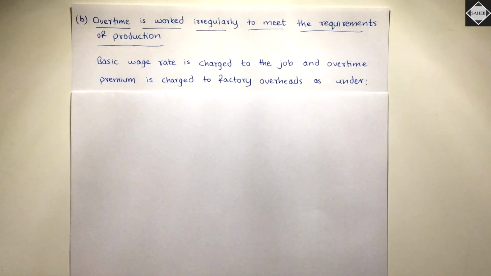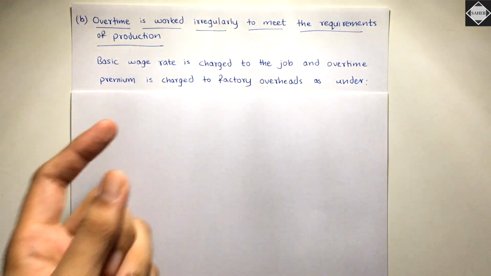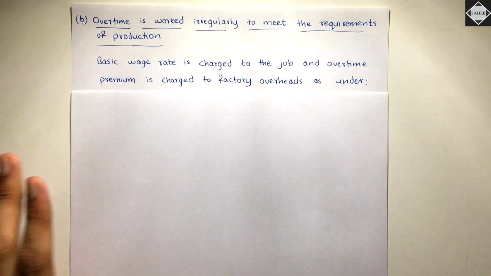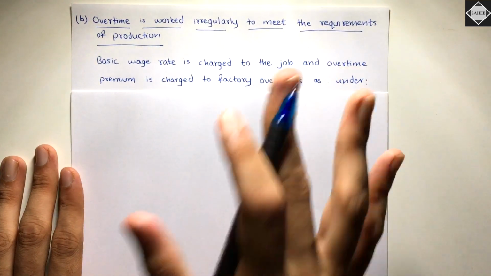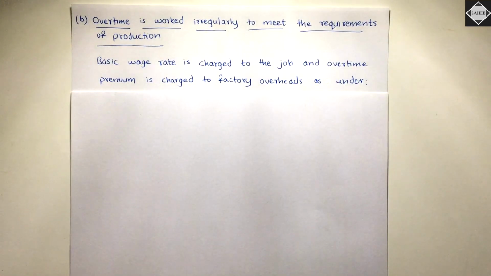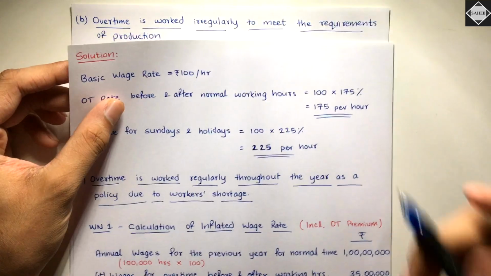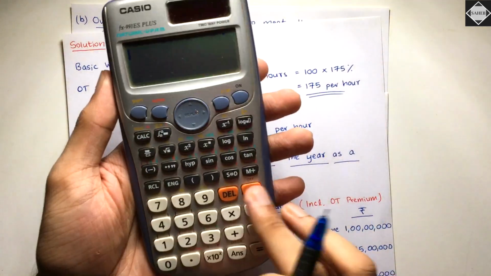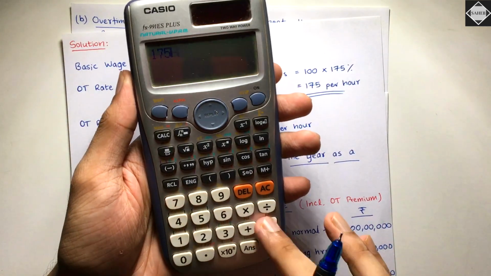Okay, and then the normal element of overtime will also go to the job as direct wages. And overtime premium, just the premium. Now what is premium? In that 175 and 225, what is premium? You have to understand this. See, premium is 175 minus 100.